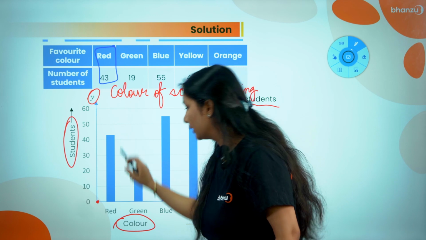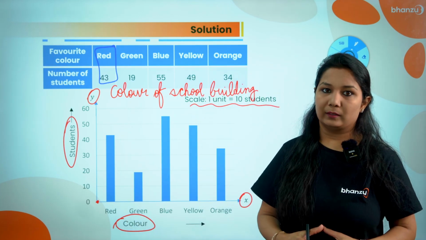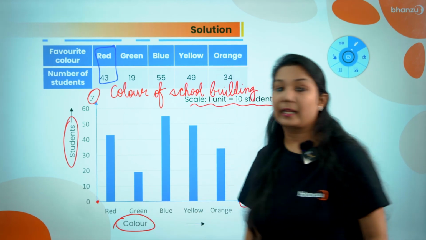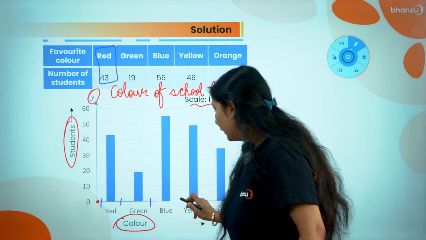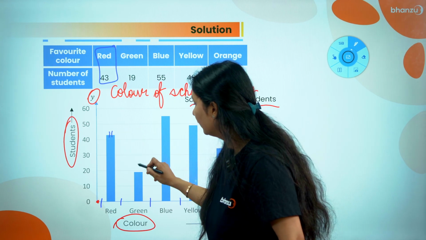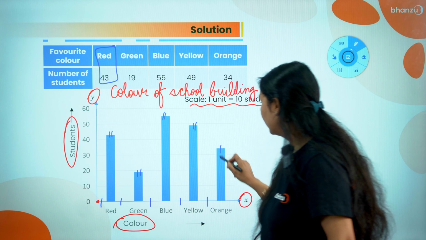Take a gap of 1 centimeter, come down, or you can also take less than 1 or more than 1. Then stop. Take again a gap of 1 centimeter. So whatever gap you are taking over here, it should be same, and whatever gap you are taking over here, this should also be same, right?